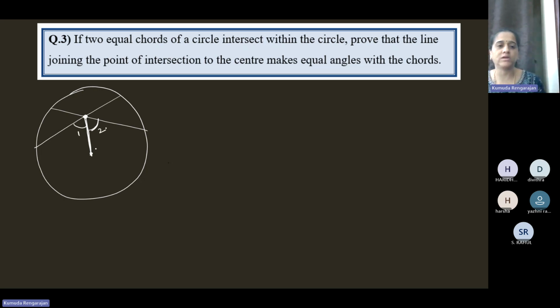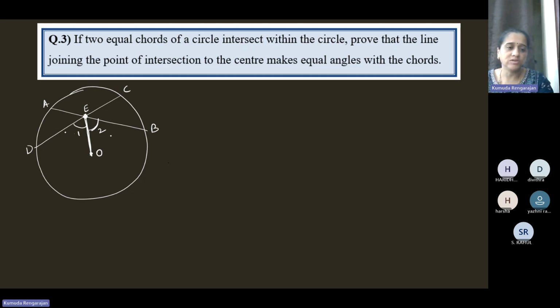Angle 1 is equal to angle 2. It's given that AB and CD are two equal chords. They intersect inside the circle at the point E. EO is a line segment joining the point of intersection E to the center O. We need to prove that angle 1 equals angle 2.